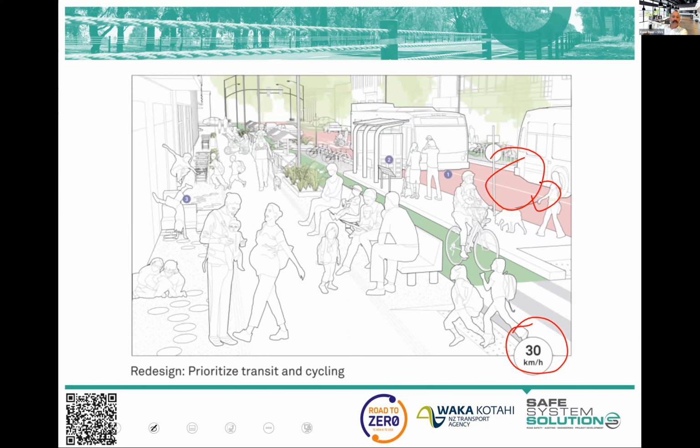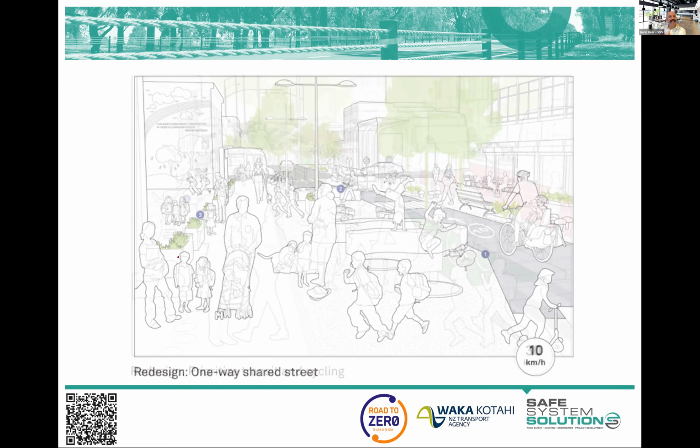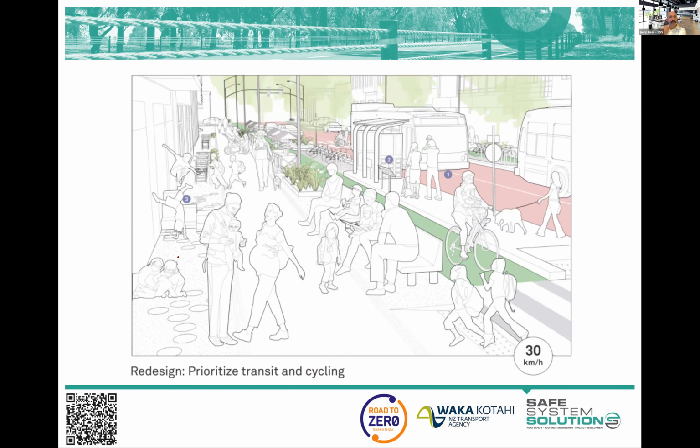If you talked to the strategic planners about this area, and they said, no, we have a bit more movement function than you're suggesting here. There's important movement here, especially public transport through the area. You can still have places that have a bit more movement function through them, but you can see they're still quite well set up as a place.